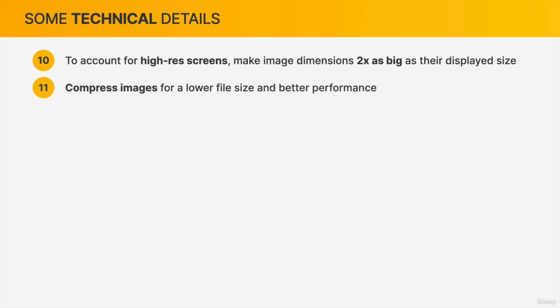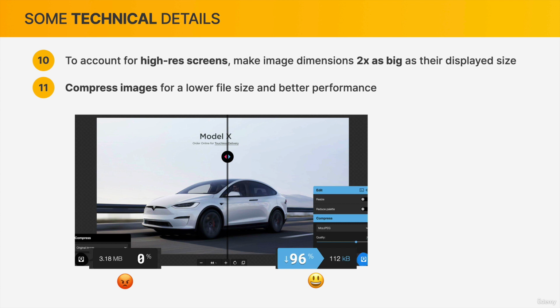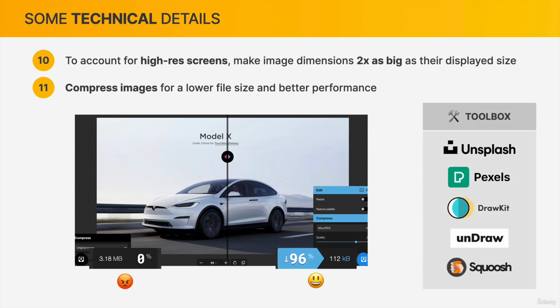So, another thing that you need to do is to always compress images for a lower file size and to achieve better load performance for your website. So there is this extremely handy tool here, which is called Squoosh, where for this example, I can reduce the file size by an incredible 96%.